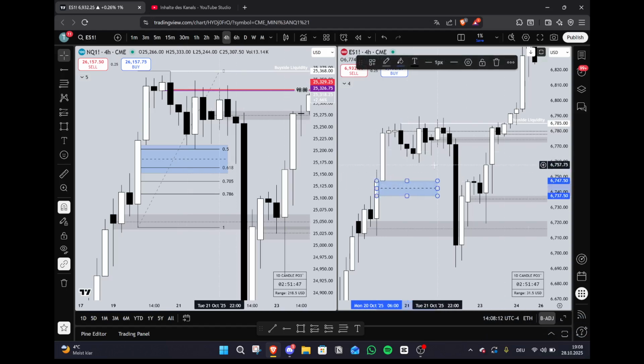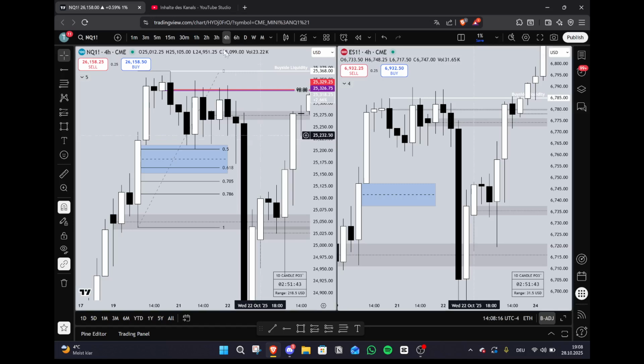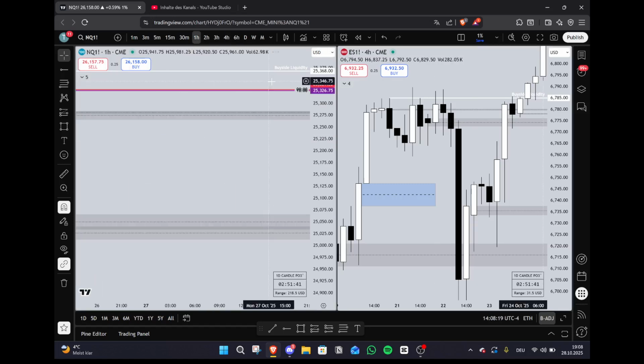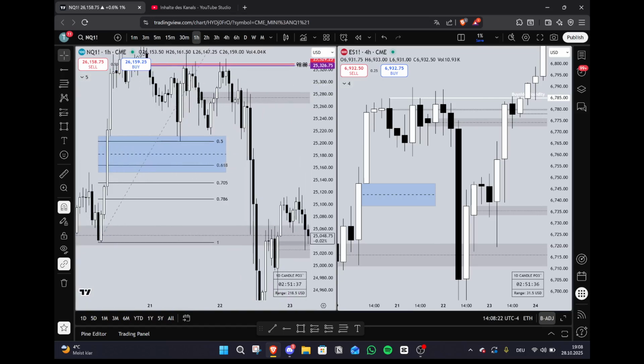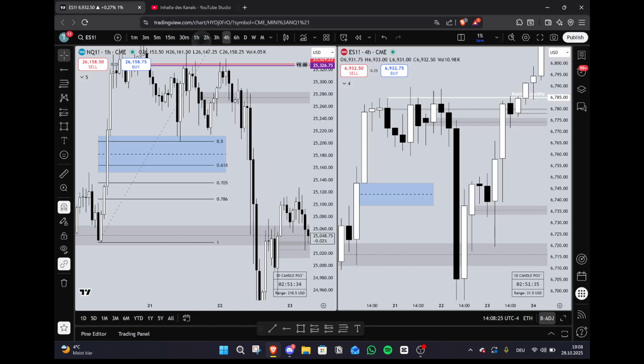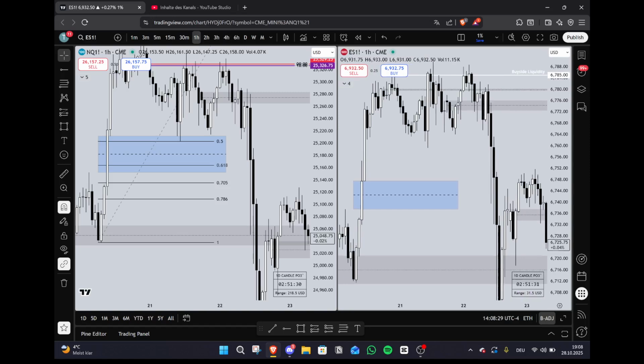We can see that at 10 a.m. price on NQ traded into the gap I was looking at. Meanwhile, ES did not. ES was the stronger of the two of them.